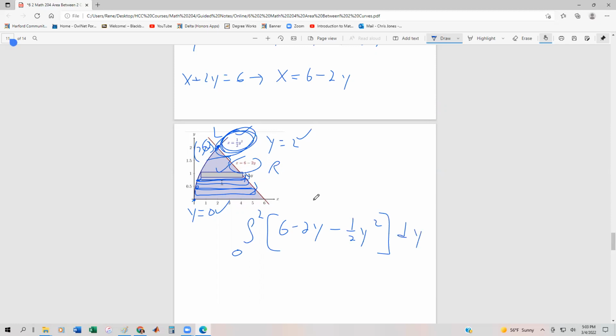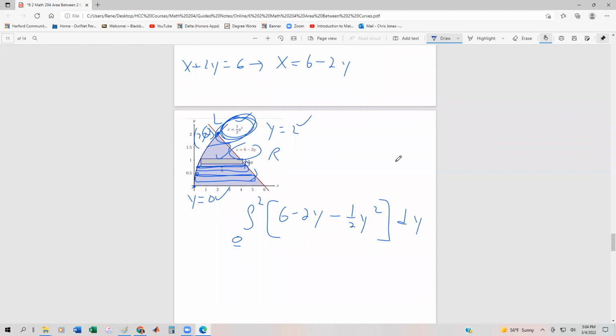All right. Now, I want you to notice that this integral is actually a little bit easier to evaluate. Reason being is because now we don't have to worry too much about, first of all, the lower bound is 0, but secondly, we don't have two integrals to evaluate. Right?